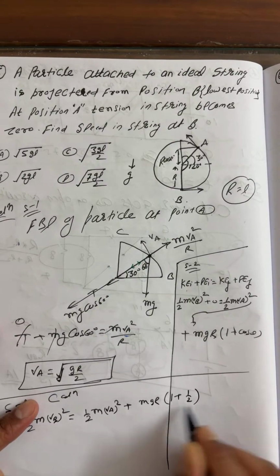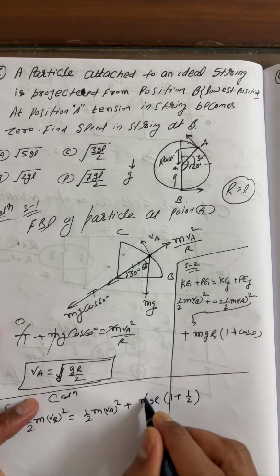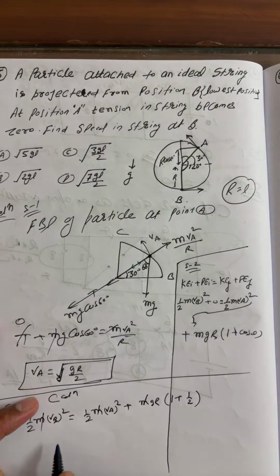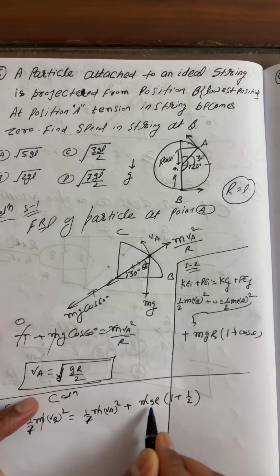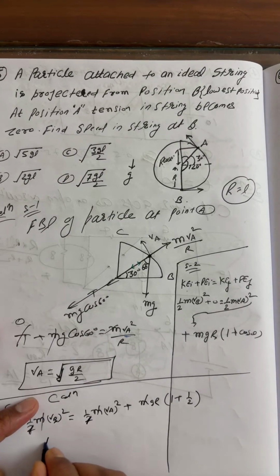You can see cos 60 is 1 by 2, so this is 3 by 2. You can see this entire m cancels on each other. We wish to find V. You can see the 2 cancels, and 2 multiplies over there.